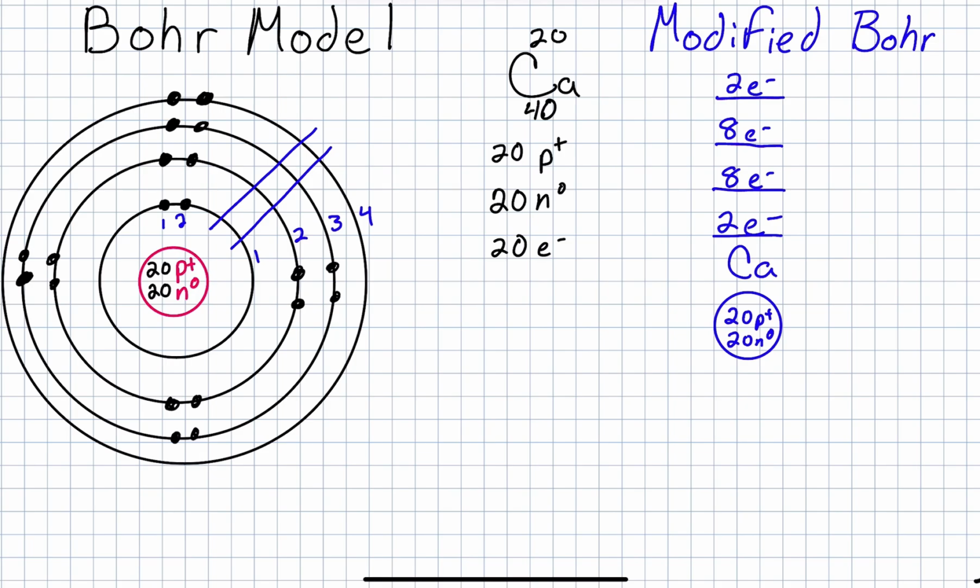Now, something I failed to mention was that these outermost electrons, so the electrons on the outermost energy level. And remember, we said that these rings are our energy level.